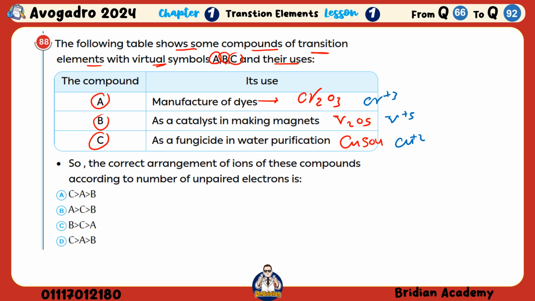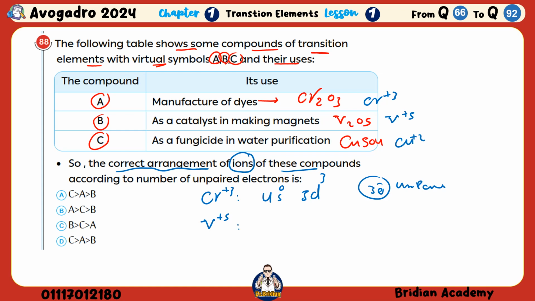So he asked about the arrangement of ions of these compounds. Firstly, chromium positive 3 will be argon 18, 4s0, and 3d will be 3. So it has 3 unpaired electrons.